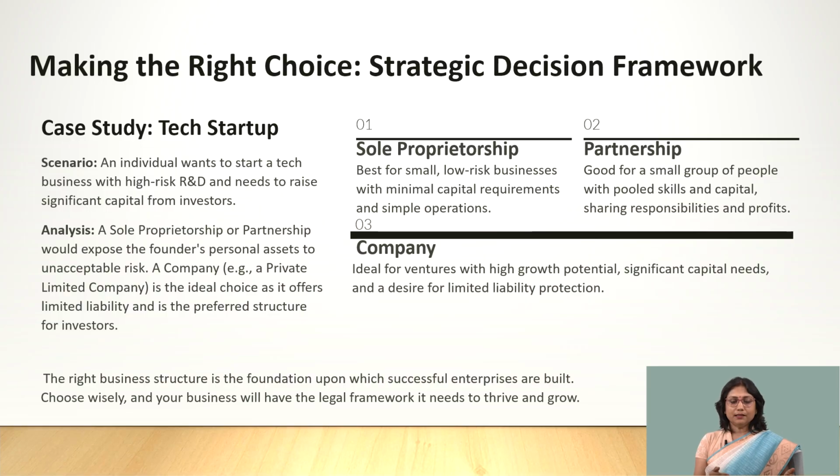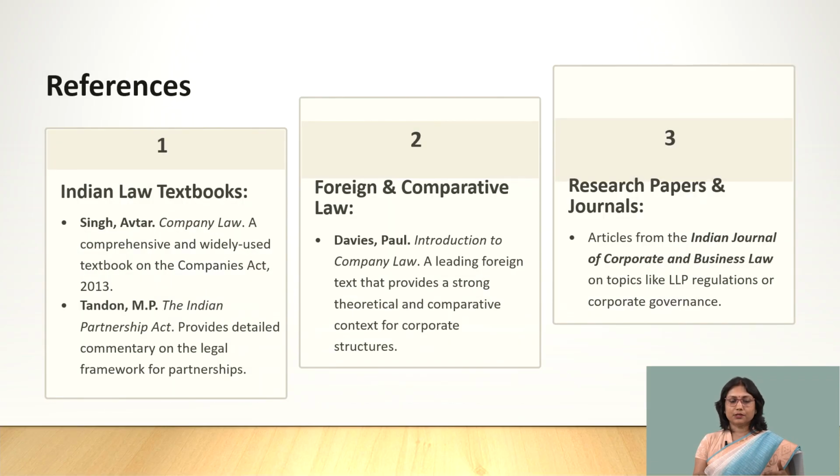So in that case, a private limited company may be the ideal choice, as it offers limited liability and it is a preferred structure for investors. So with these limitations and advantages, one has to match the requirement of the business that they are going to start, and accordingly they should choose the organizational structure.